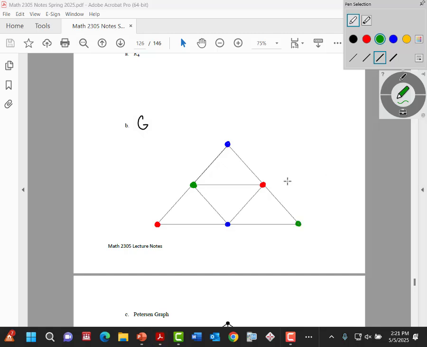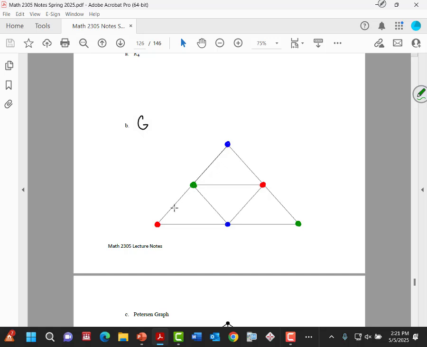Now let's take a look. Each vertex, for any vertex that is adjacent to him, it is colored a different color. For instance, this vertex right here, I'll just call him V1. He's connected to a green and a blue. Well, what about this blue down here? I might call him V2. He's connected to a red, a green, a red, and a green.